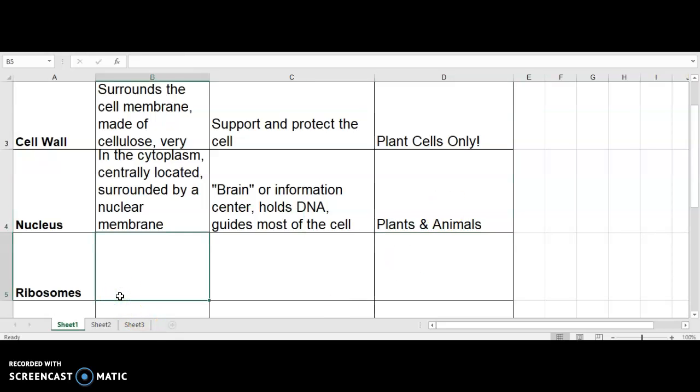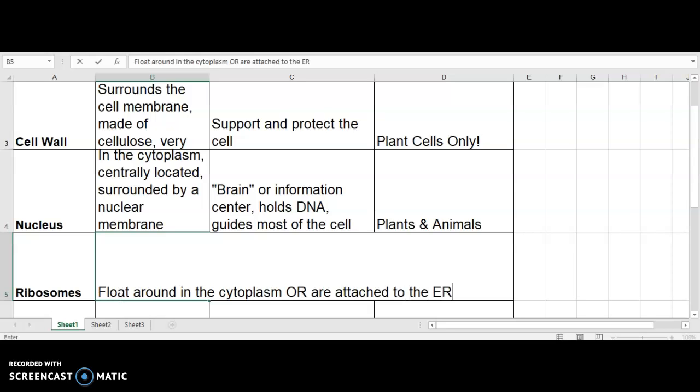Now on to ribosomes. So ribosomes either can float around in the cytoplasm or they can be attached to the endoplasmic reticulum, which I'm just going to say ER.